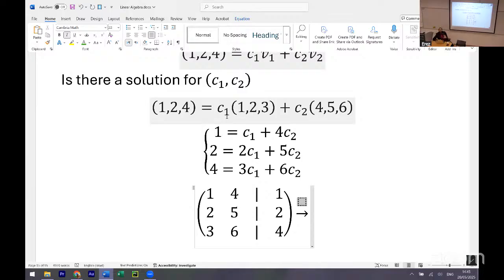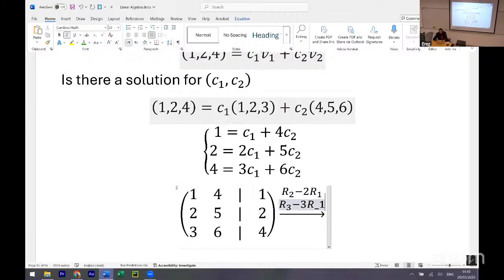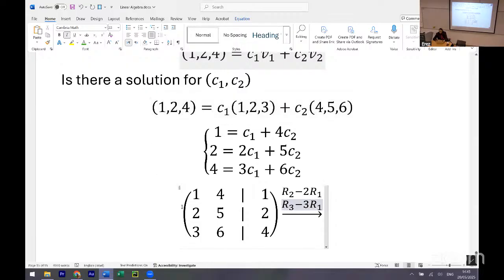Now we're just learning about linear combination. The question is whether there's a solution or not, whether there is a contradiction line or not. So R2 minus 2R1 and R3 minus 3R1.